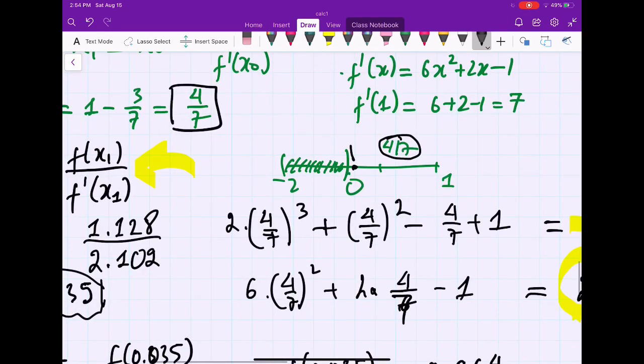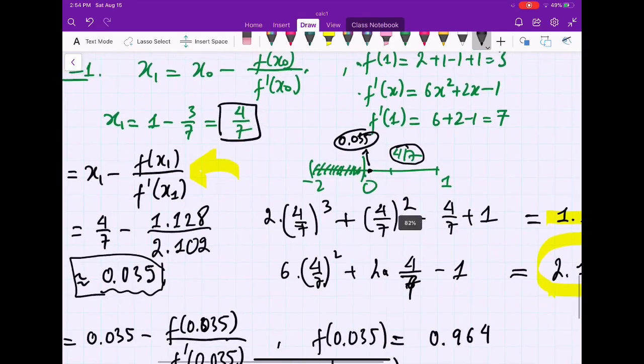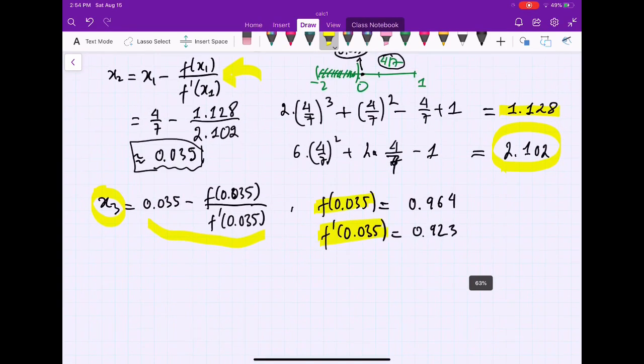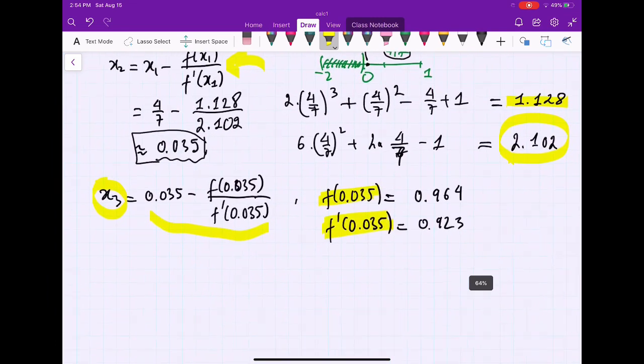So that is just the second iteration. Okay, and then you do almost the same thing. For one more iteration, you want to find x3, so you need to find the function value at that point and then the derivative at that point, and you plug all these numbers into the formula to find x3. So please do that yourself, and if you want, go ahead and find x4, x5.